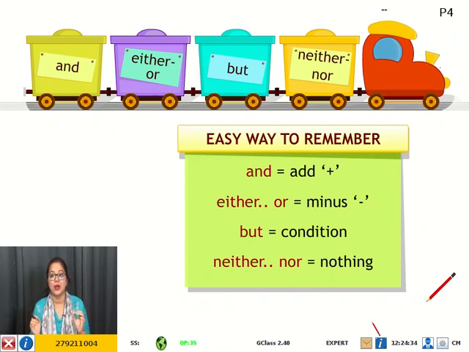We use the word but. And the fourth one, neither or nor. In most of the negative sentences, what do we use? We use neither or nor. So these are the four words. I hope the concept of using these four connectors, when to use and how to use them, is clear to all of you.